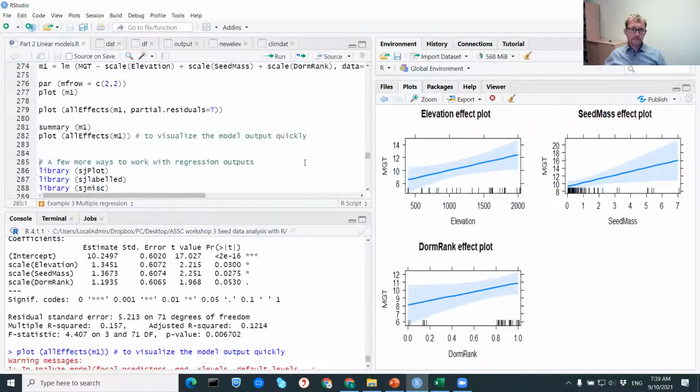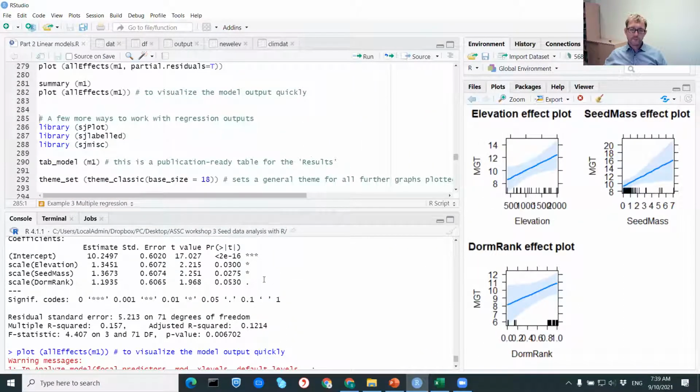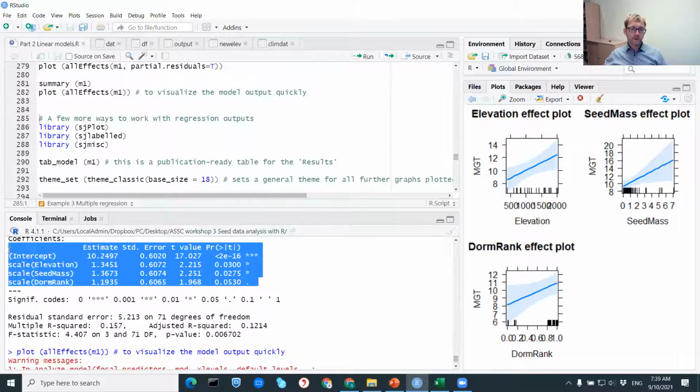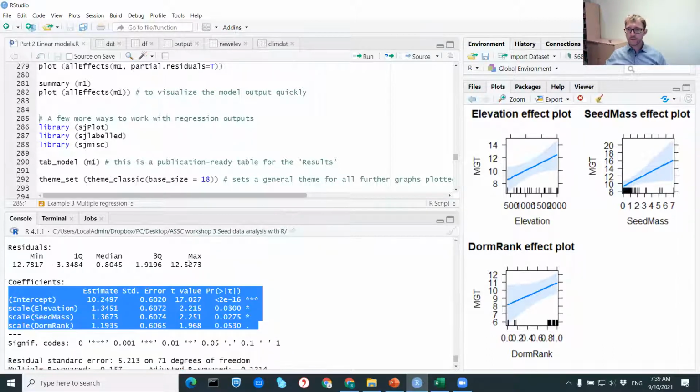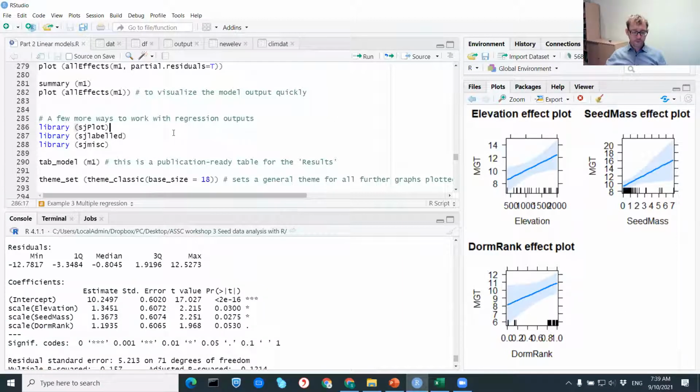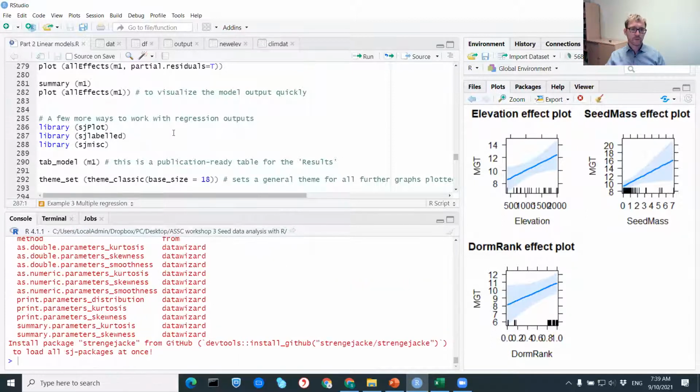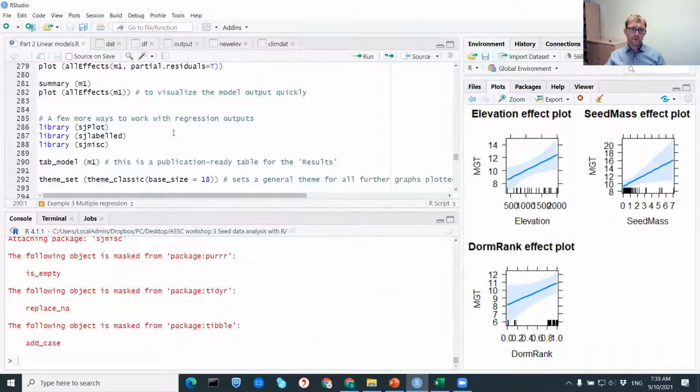Right. Of course, you all are interested in reporting this data in a report, in a paper, whatever. And this output doesn't really look attractive. There are a few wonderful solutions how to deal with such cases.